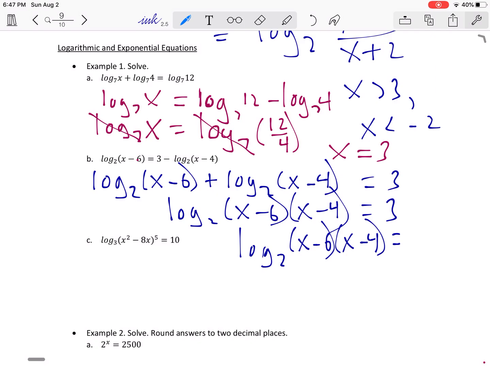That's going to be log 2 of 8. You can verify this on your calculator: log 2 of 8 is equal to 3. I've just written 3 a different way, because I want to get rid of the log 2. So now I've got (x minus 6)(x minus 4) equals 8.